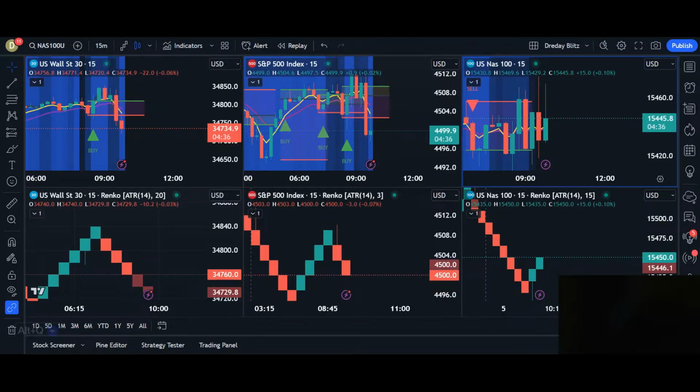All right, so in 5 minutes we should expect the next candle.